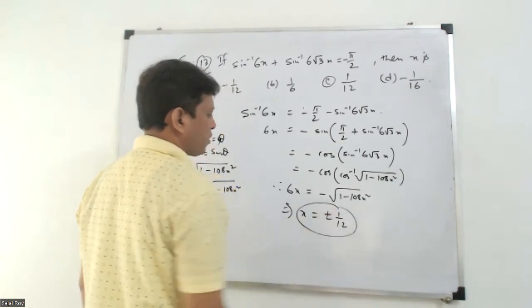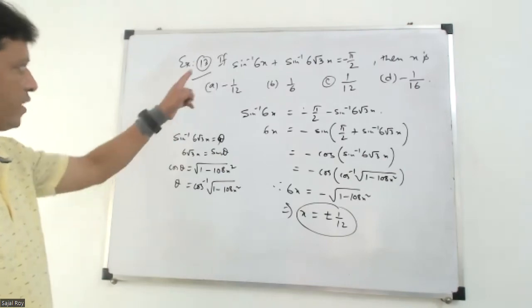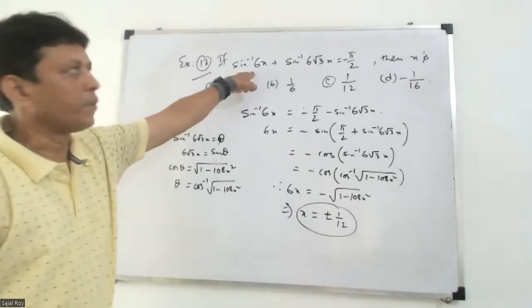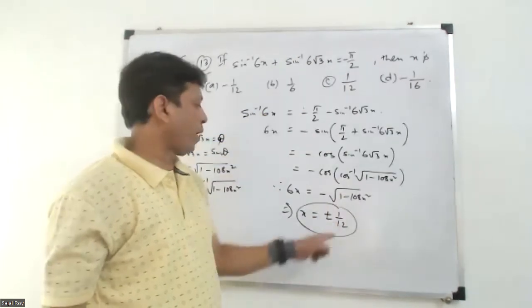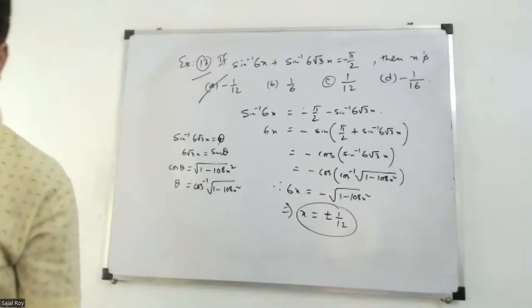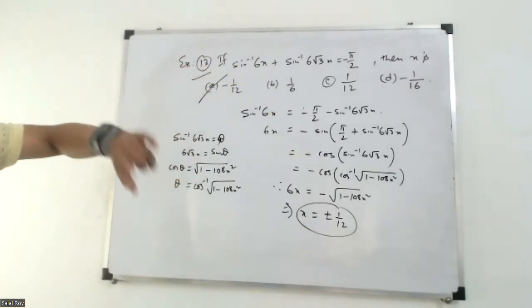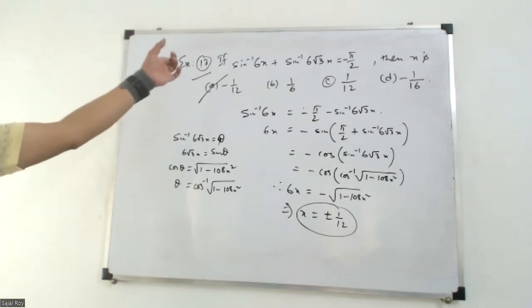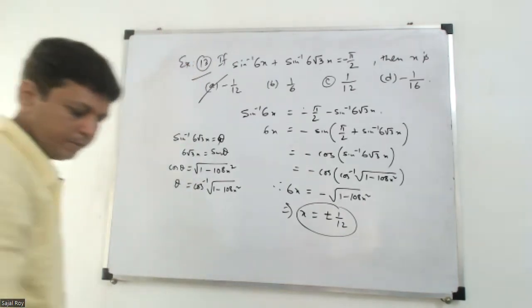You check plus minus, but only plus 1 by 12 doesn't satisfy this relation, because you have negative on that side, so it will satisfy by minus 1 by 12. So your option will be minus 1 by 12. Not all the solutions are solutions of the given equation. You have to recheck for the exact solution which will satisfy this equation. Okay.